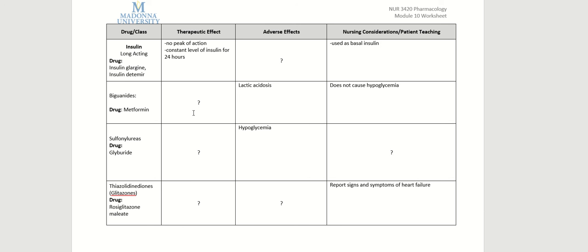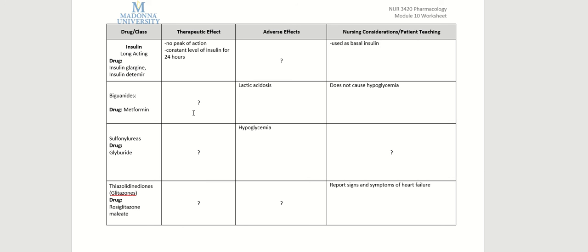And it doesn't cause hypoglycemia like some of our other oral medications. The other thing that's really important about metformin is that when a patient has to receive contrast dye that has iodine in it, if they're going for some sort of test, they may be at risk for some additional renal problems.